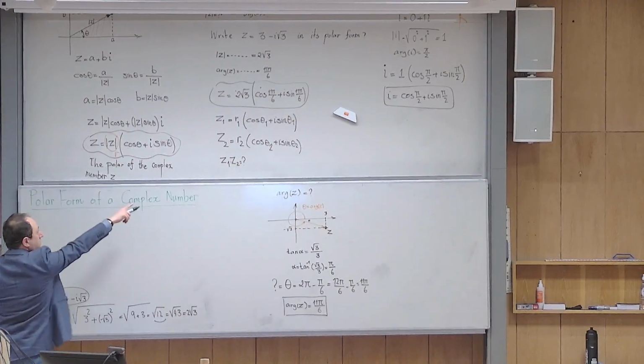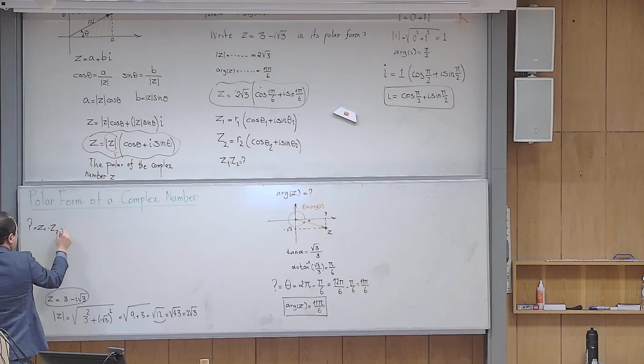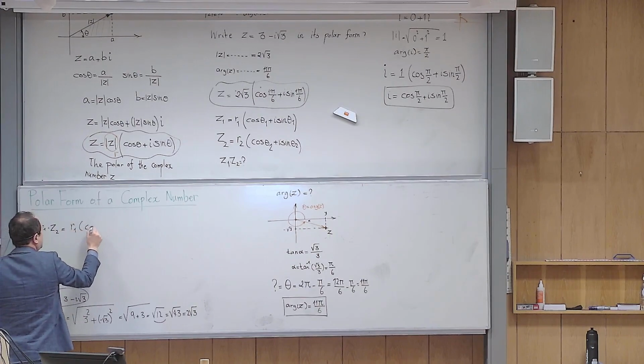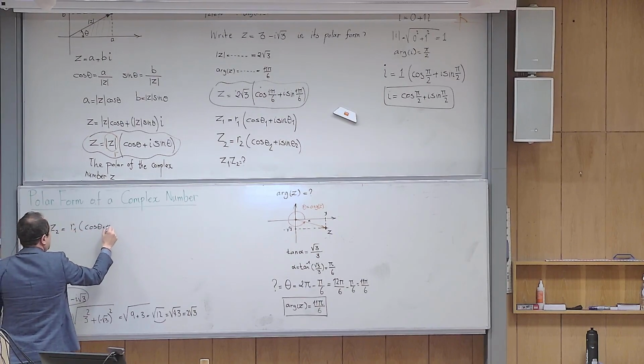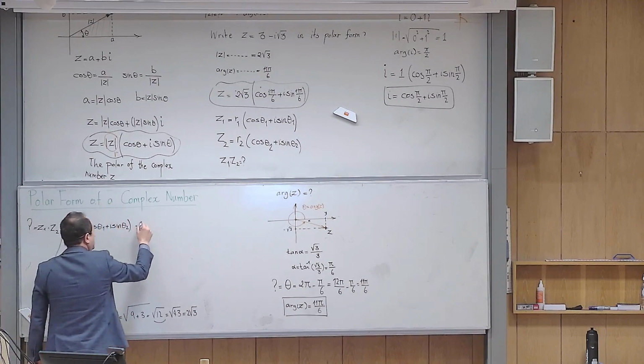I want to answer the question mark. So the question mark, which is Z1 times Z2, is equal to, instead of Z1, I put the polar form, multiplied by, instead of Z2, I put the polar form.